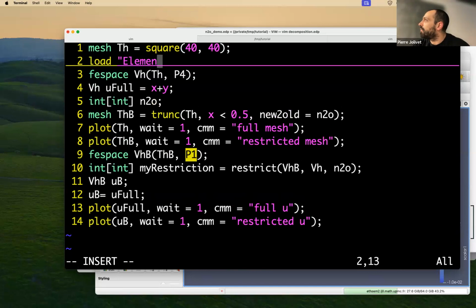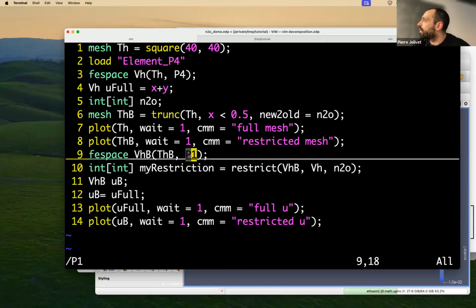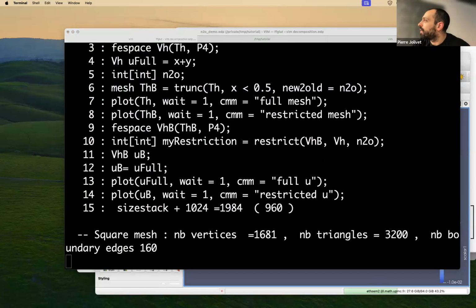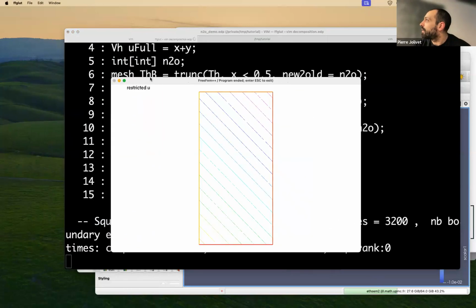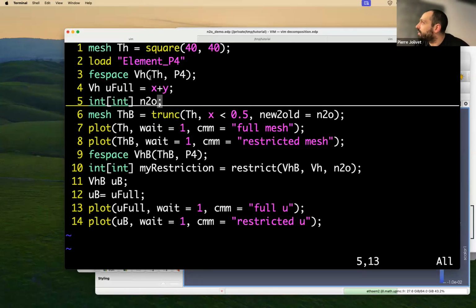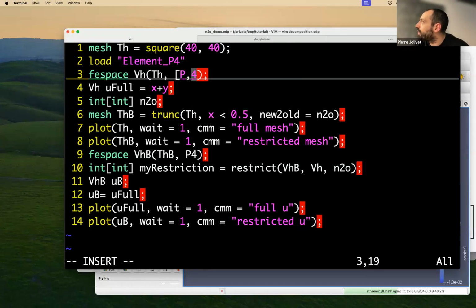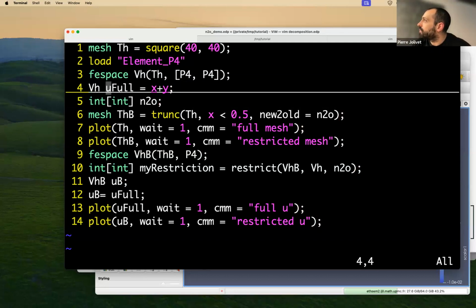P4 element. And okay, for Atsushi, let's try P4. And then of course we need to do something like U full B, X, X minus 3.